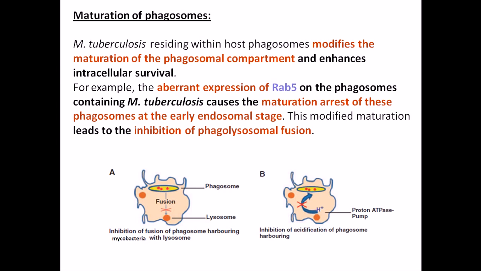Now this maturation from early endosome to late endosome is mediated by several protein factors and several important chemical changes inside the phagosome. But the secretion of RAB5 protein by Mycobacterium tuberculosis eventually blocks this stage of maturation from early endosome to late endosome so that the bacteria can survive there.